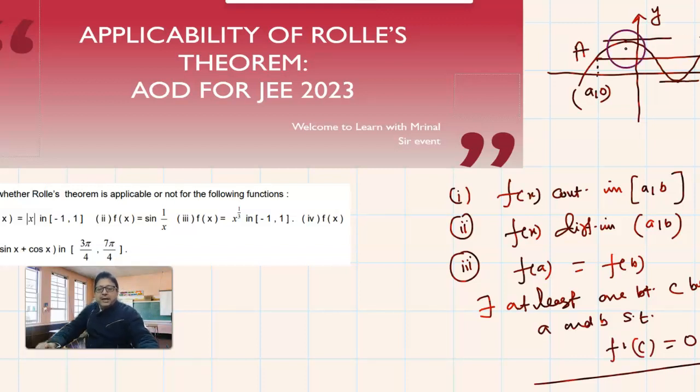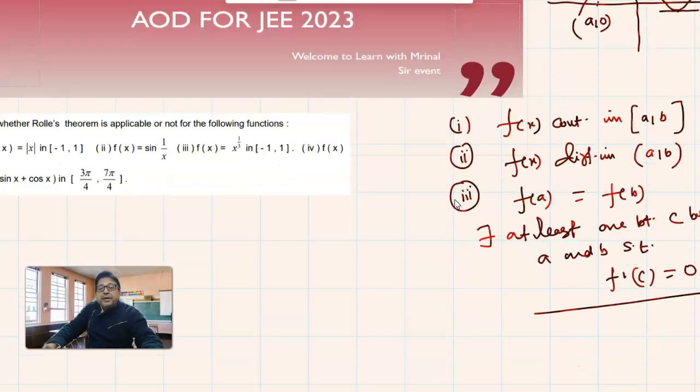But you must remember that we find this value of x, which is c, after verifying all these things. If it is continuous, if it is differentiable and the extreme points' functional values are equal, then only we can find the point c which lies between a and b, where f'(c) is going to be equal to 0.